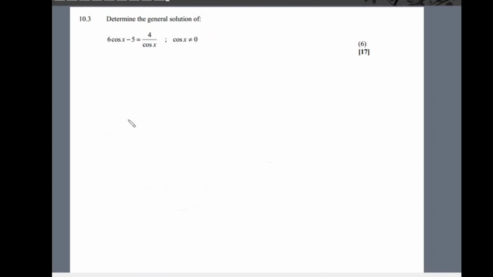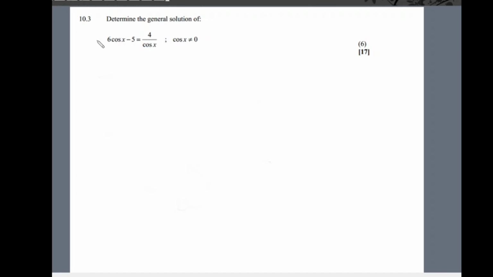Okay, so level 10.3 says determine the general solution of 6 cos x minus 5 equals 4 over cos x, where cos x is not equal to 0, right? So now let us try to get this equation in its simplest form.